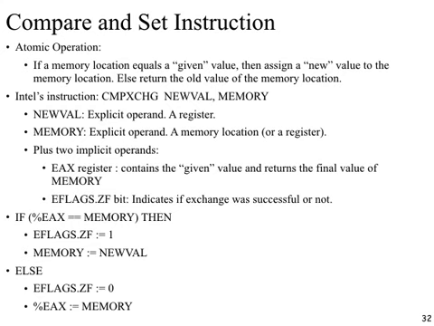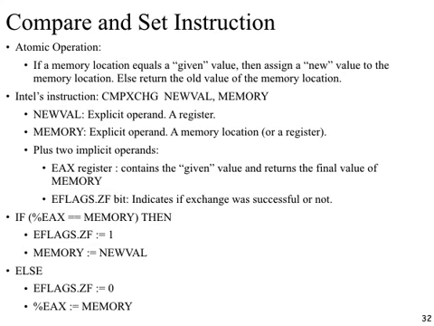So Intel's version of compare exchange is called CMPXCHG. The way this works is that you are given a memory location and you compare the memory location against a given value. If the given value equals the memory location, then you assign a new value to the memory location, otherwise you return the old value.